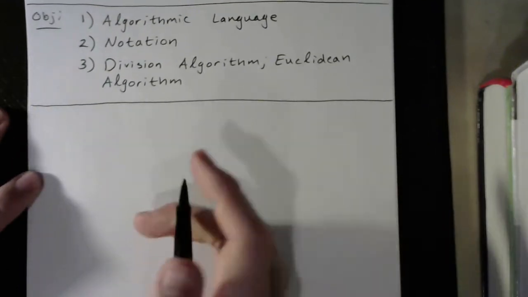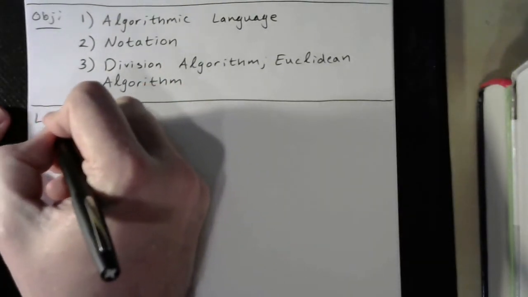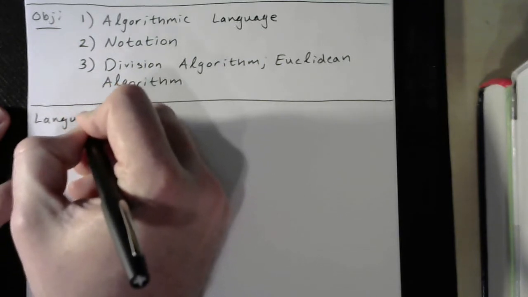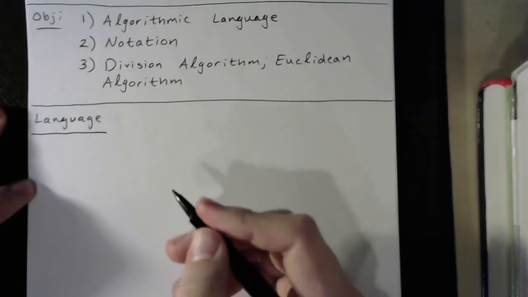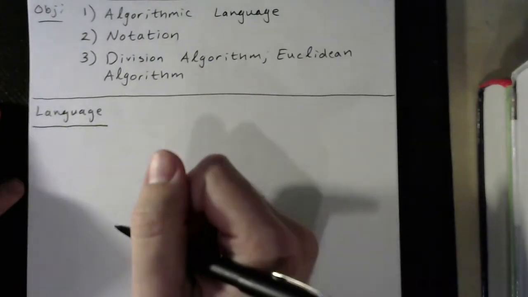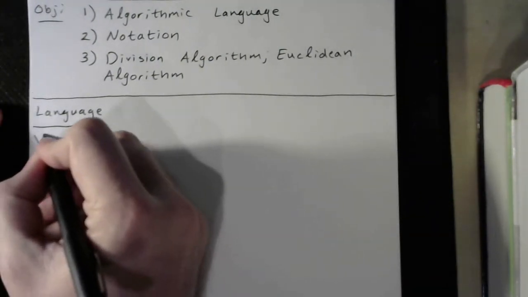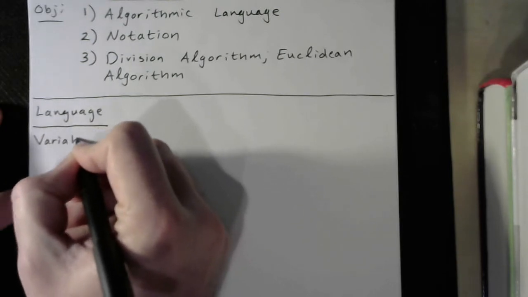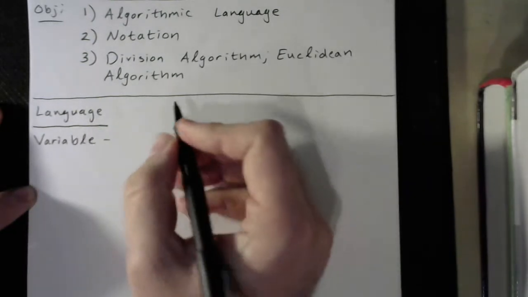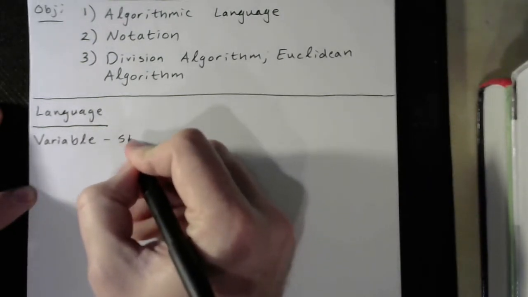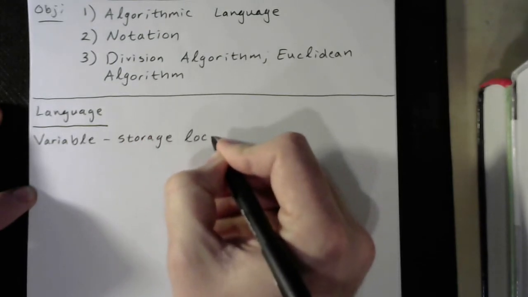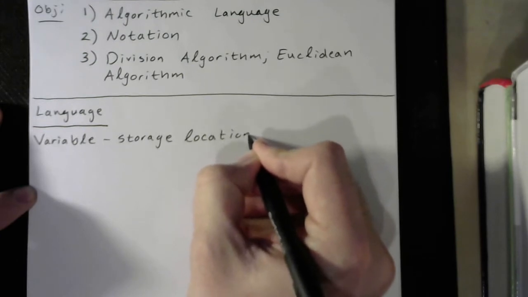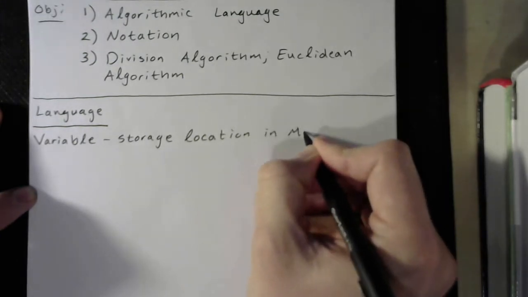So let's start with the language and make sure that we're all used to the same terminology. And by all of us, I mainly mean that we as individuals are used to what the book uses. So a variable in algorithmic language is our storage location in the memory.